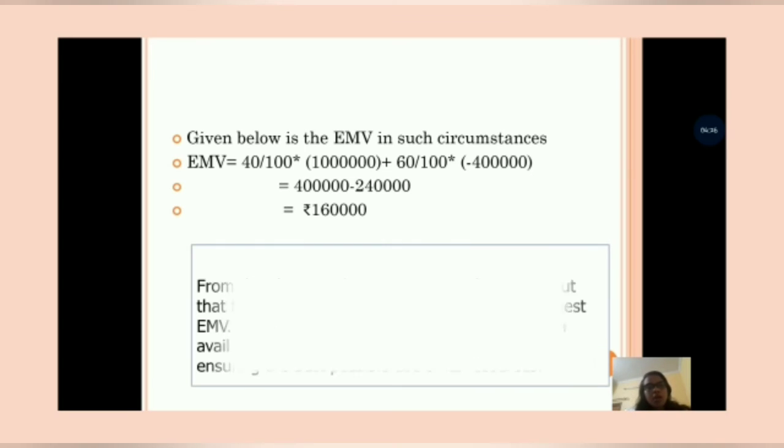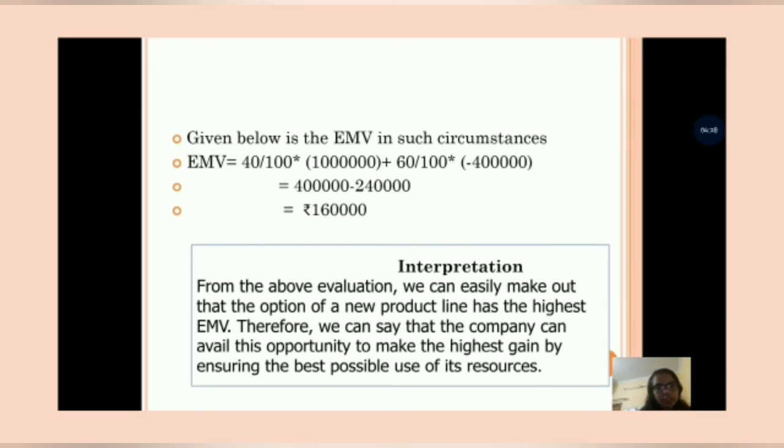So what is the interpretation? From all the evaluation we have done, if we want to compare what is the best alternative for the company, what is the best decision the company can make, we can easily make out that the option of the new product line has the highest EMV.